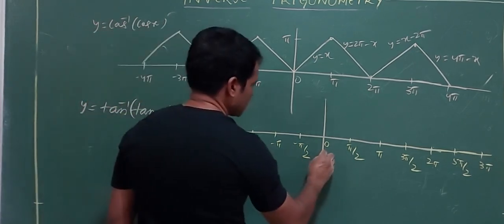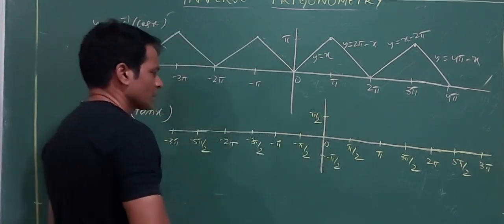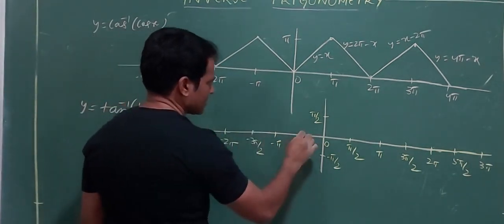Define minus pi by 2 to pi by 2. See? That means I draw a dotted line here. Everywhere you can draw a dotted line.